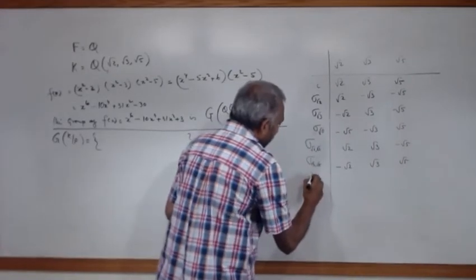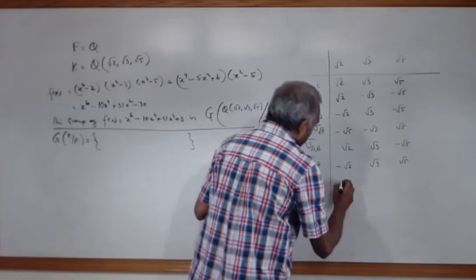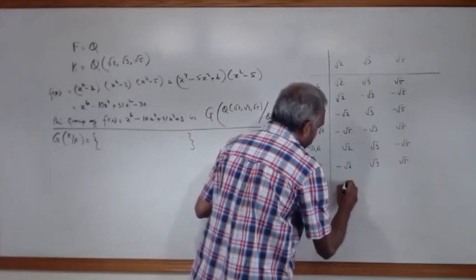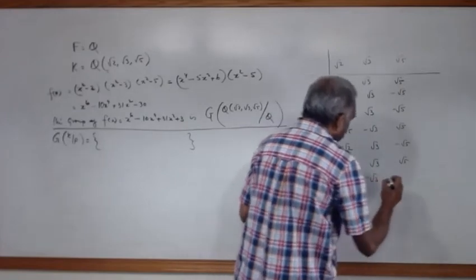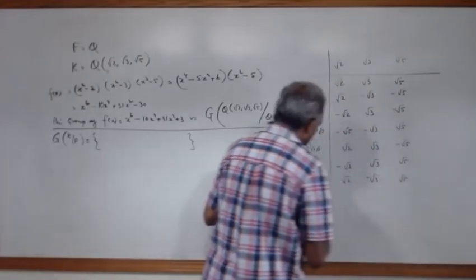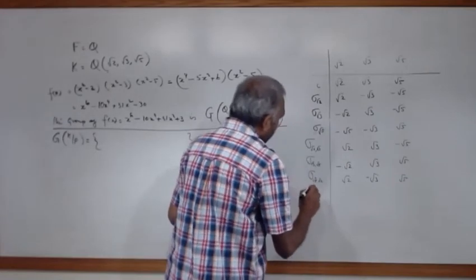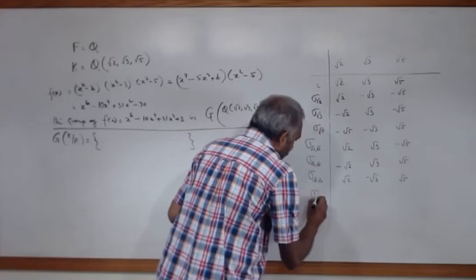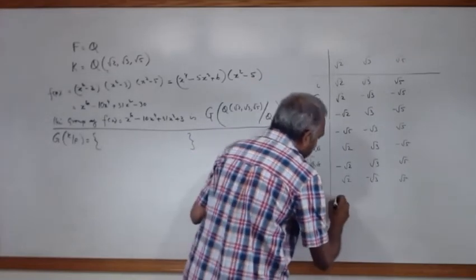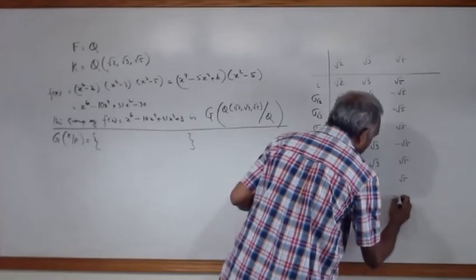The next one is sigma root 5 root 2, where root 3 is changed. So root 2 minus root 3 root 5. And the last one is actually everything is changed. So we'll take it as sigma 0. That is minus root 2 minus root 3 minus root 5.